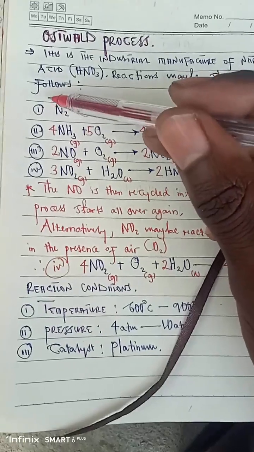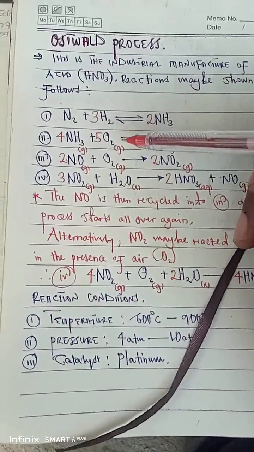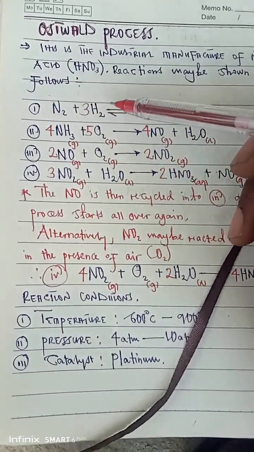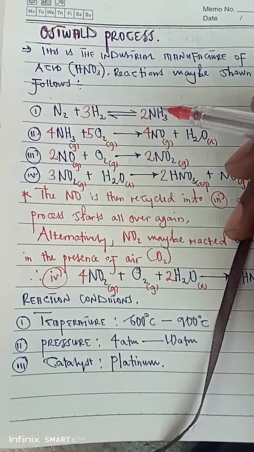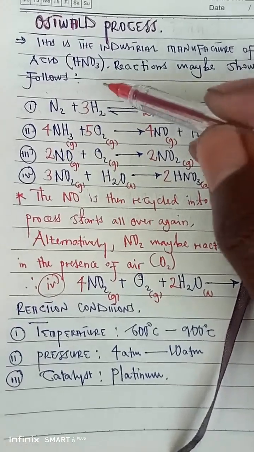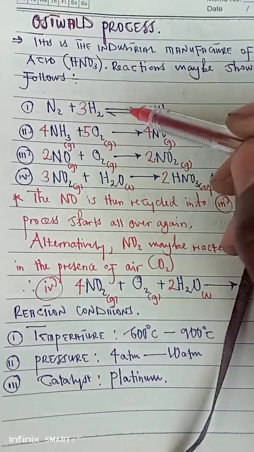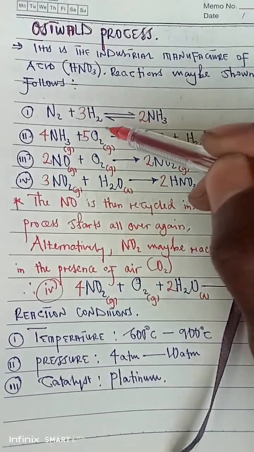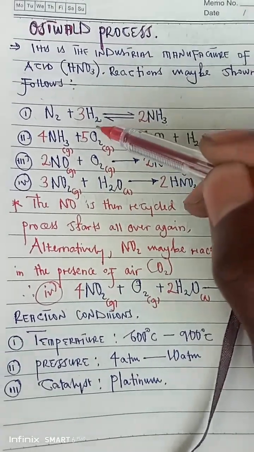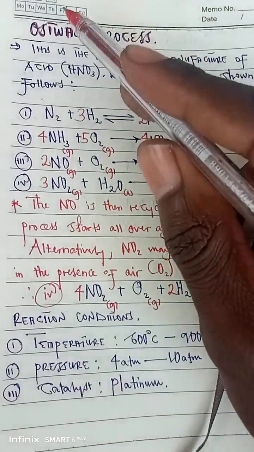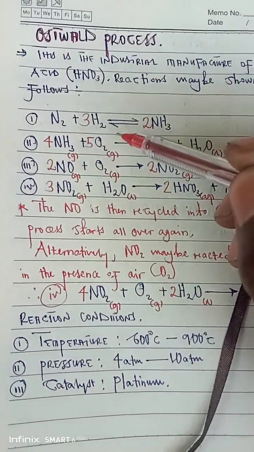This reaction, in which nitrogen and hydrogen react directly to produce ammonia, is known as the Haber process. Anytime nitrogen and hydrogen react in this way, reversibly, it is known as the Haber process. So the Ostwald process always begins with the Haber process.